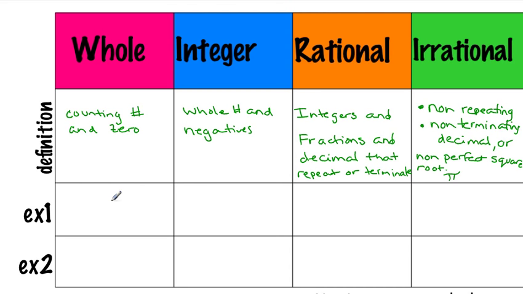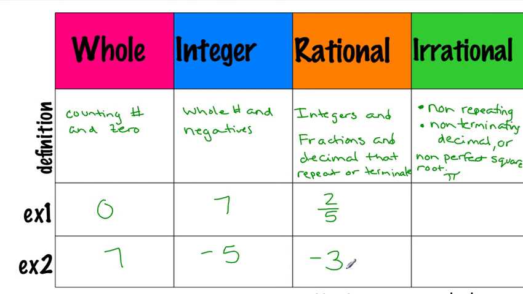So then if I had to come up with an example, an example of a whole number could be 0, could be 7. An example of an integer could be 7, just like the whole, or it could be -5, to be the opposite. An example of a rational number could be 2/5, could be -3, because a rational number is still an integer or still a whole.